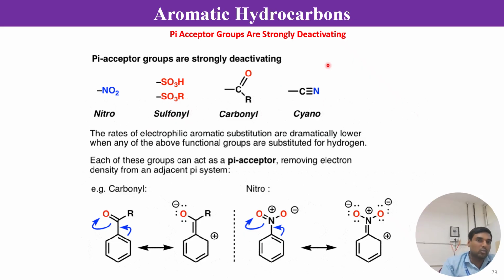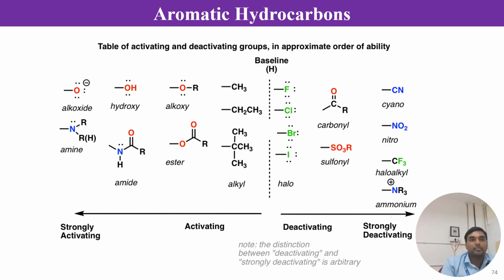So these are electron withdrawing groups. The rate of electrophilic aromatic substitution reactions is dramatically lower when any of these functional groups is substituted for hydrogen, and each of these groups can act as a pi acceptor. So you can see that a positive charge will be created in the ortho and para positions. As a result, in that position the electrophile cannot be attracted because it is already electron deficient.